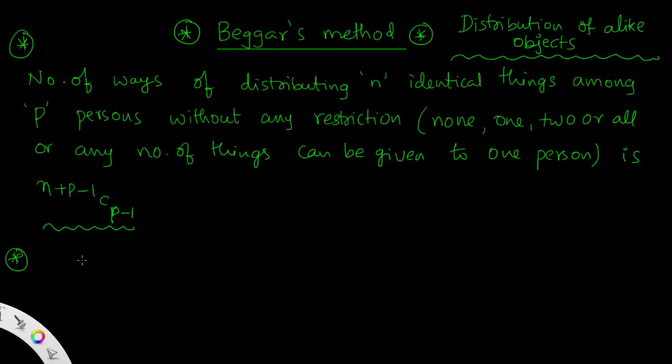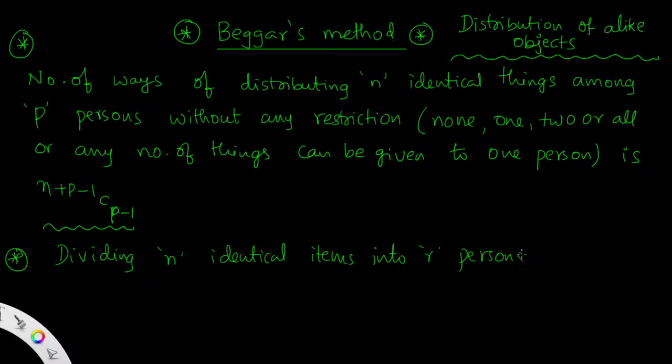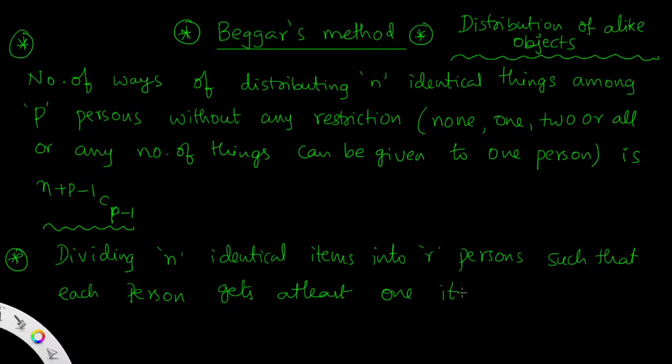Okay, next, what is the formula? Number of ways of distributing identical things: dividing n identical items into r persons such that each person gets at least one item.